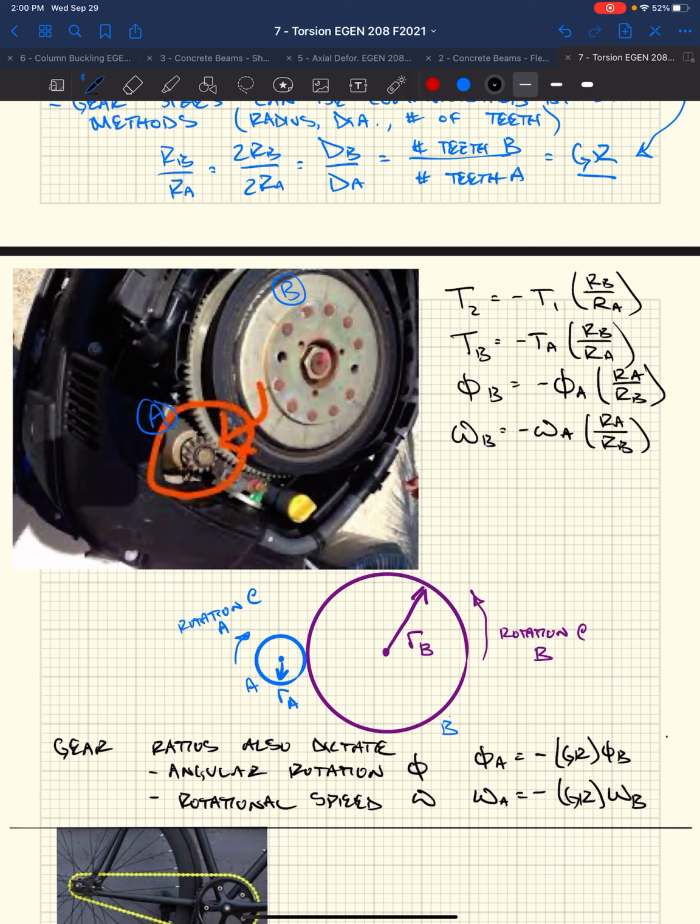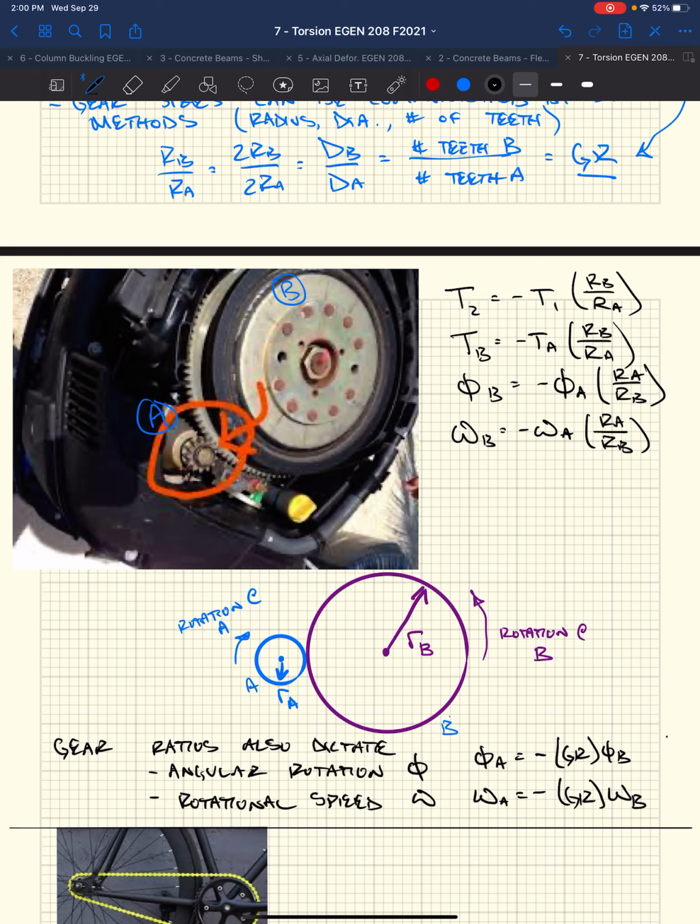And yeah, the reason why this gear ratio flips is because if you have these two gears sitting next to each other, and gear B rotates, say the flywheel rotates a little bit, the distance that this rotates here has to be the same distance that gear A rotates, right?